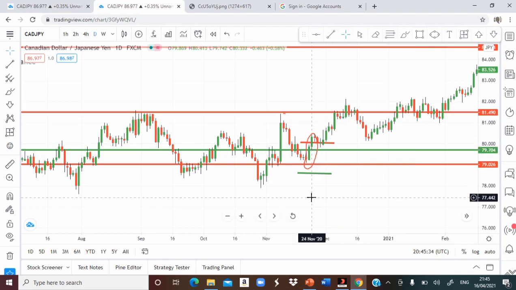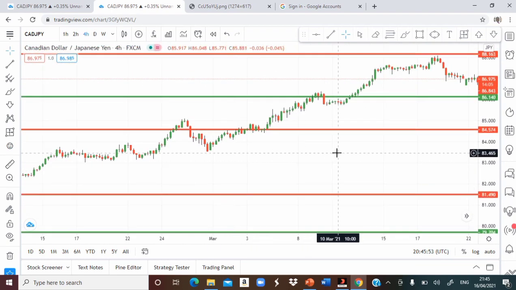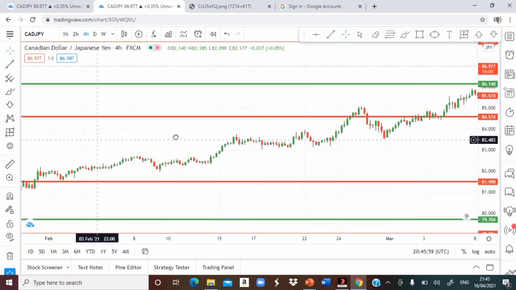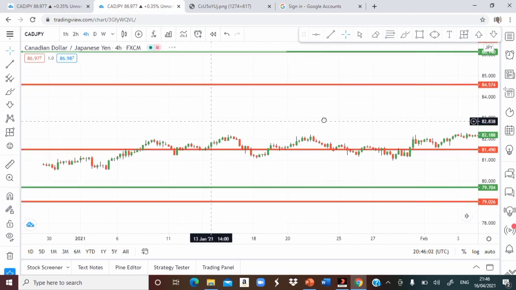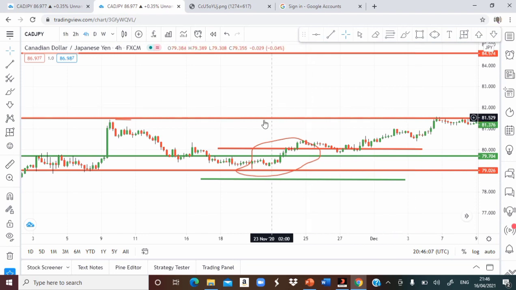Now the advantage of entering with a smaller time frame is this. If this was your entry point on 20th November 2020, let's go back to the 4 hours. Okay, this is the area.